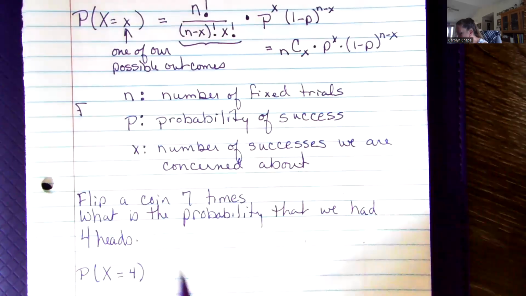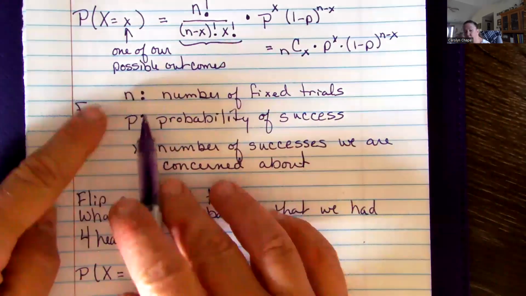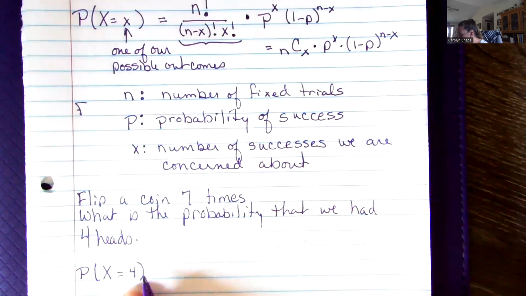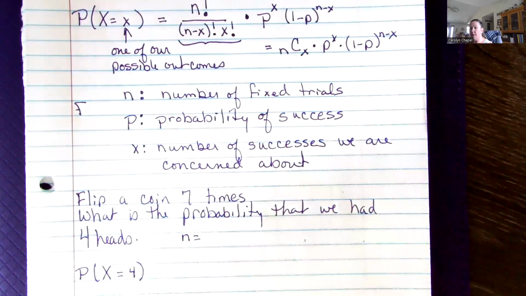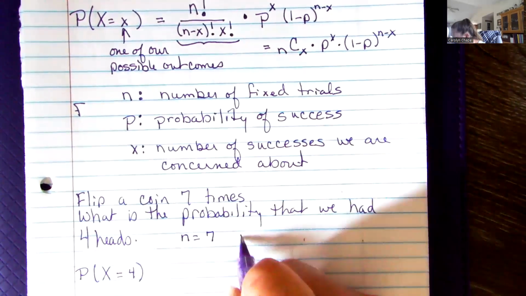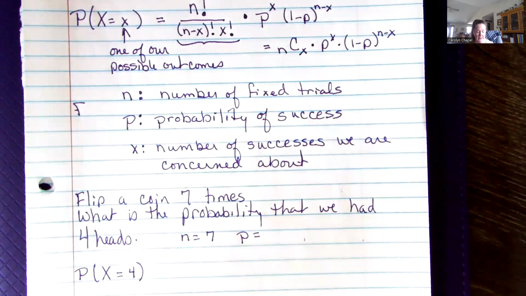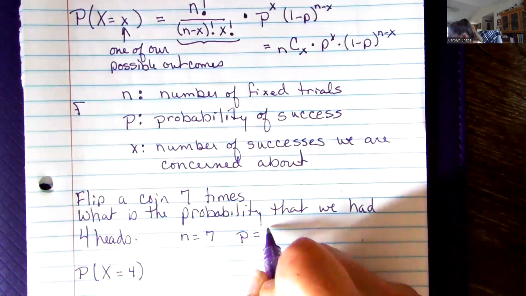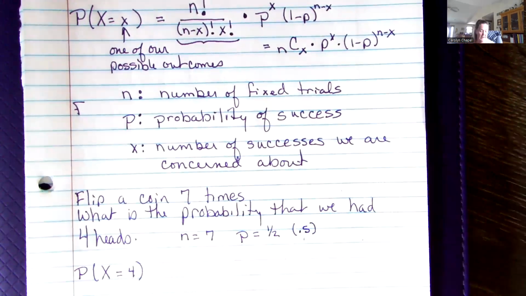Okay, so I like to kind of write all the pieces, so I have them all ready for me. I already have the 4 here, but I also want to know n, which is the number of fixed trials. That's how many times we're doing this thing. That is 7. And our p is going to be the probability of a success. Success being we get a head, so that would be our 1/2. Or if you want to, 0.5 if you don't like fractions.